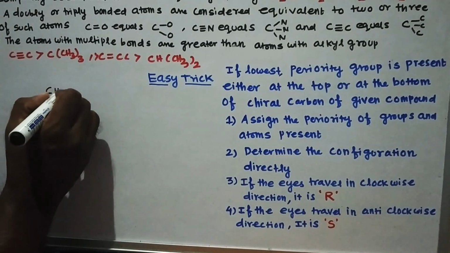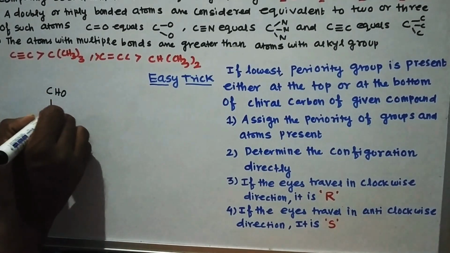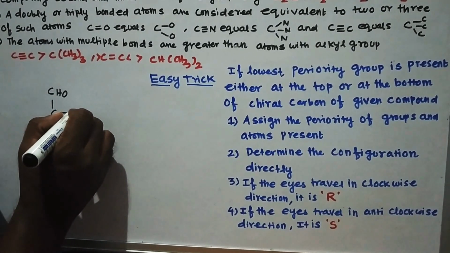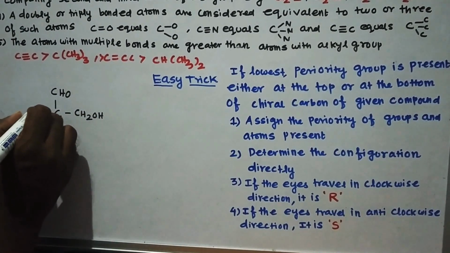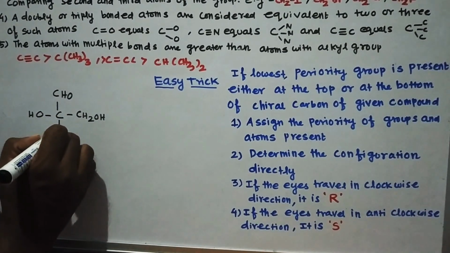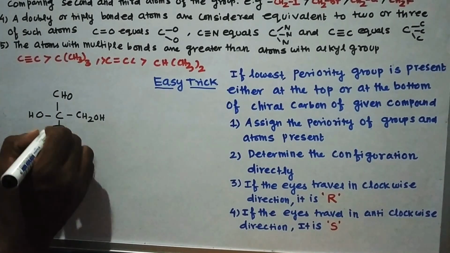CH2OH single bond C, CHO, OH, H. Here hydrogen is present at the bottom.